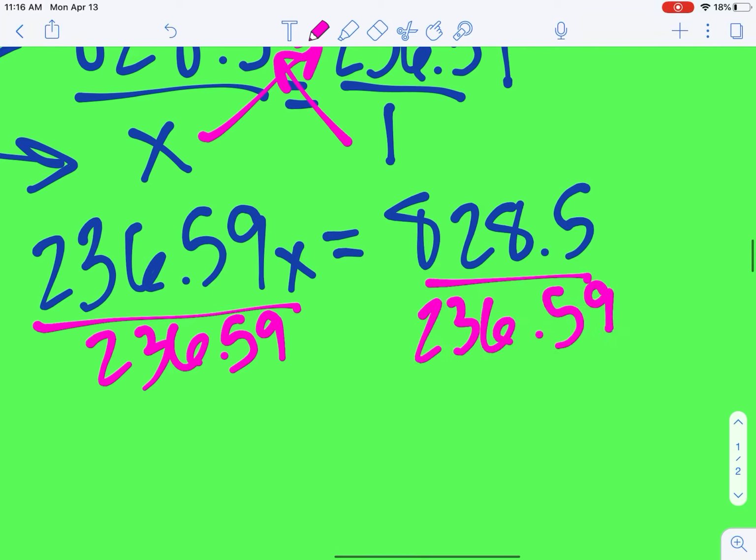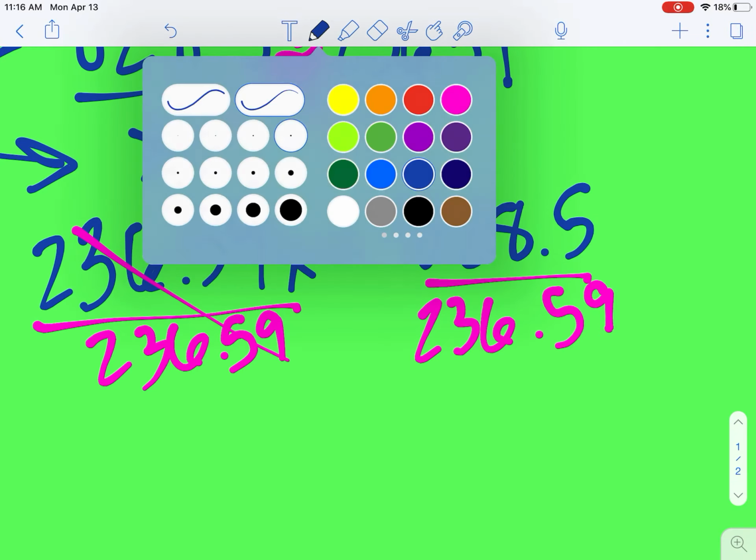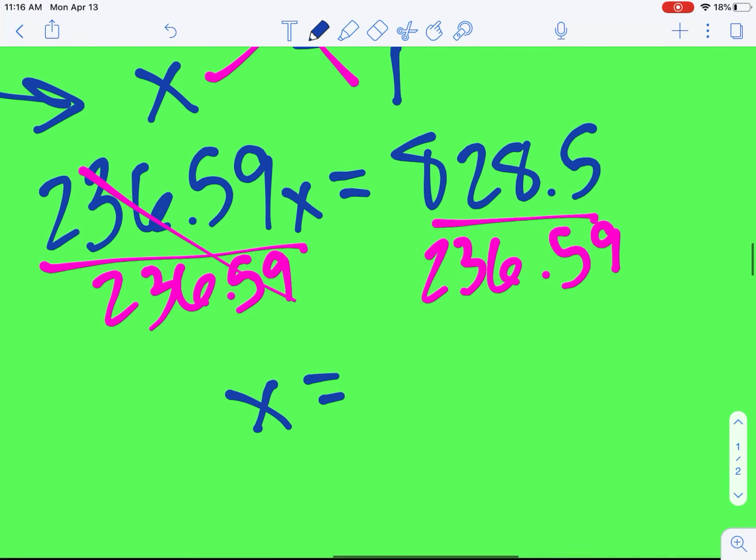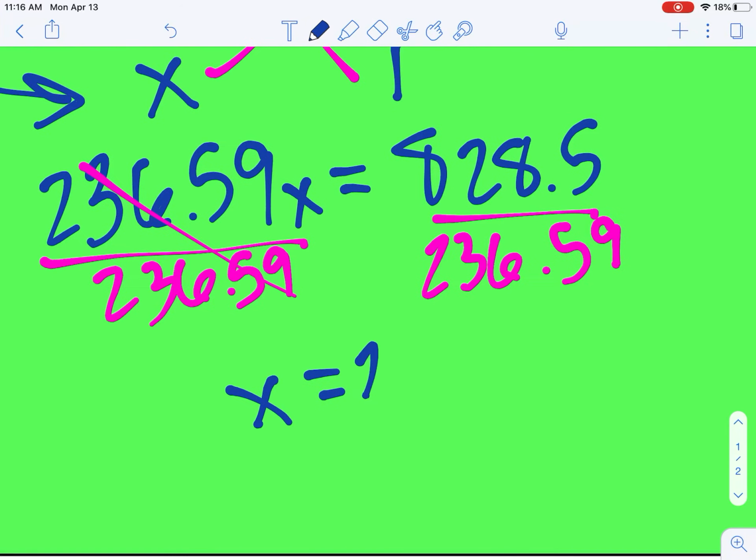So I'm definitely going to need to use my calculator here. So let me go ahead and punch this in. We got 828.5 divided by 236.59. Ooh, that is a really long number. So I get 3.501. Remember, we're rounding to the nearest tenth, so I look at that 0. 0 through 4 hit the floor, so it means I round down. The 5 stays there, and I have about 3.5 cups.